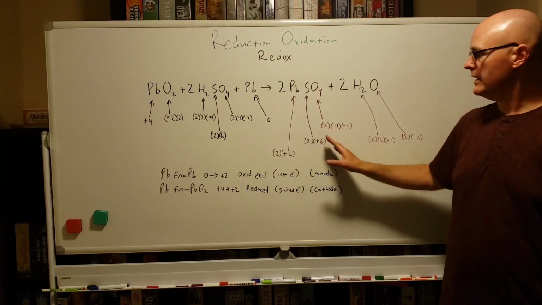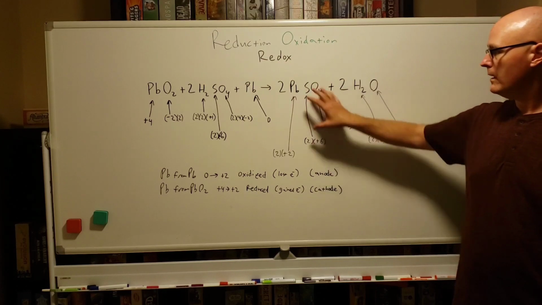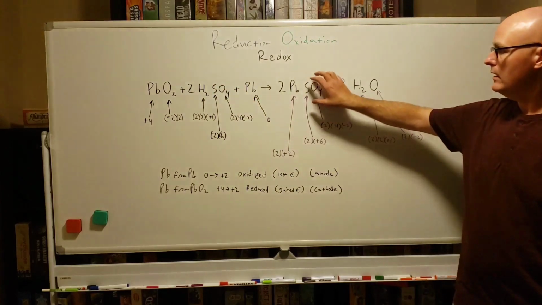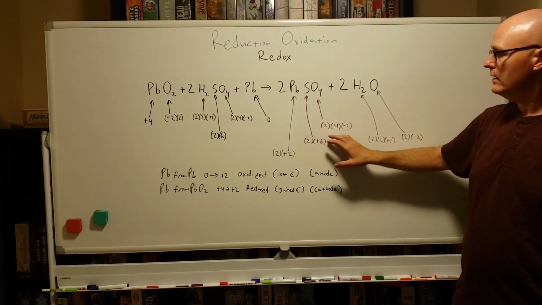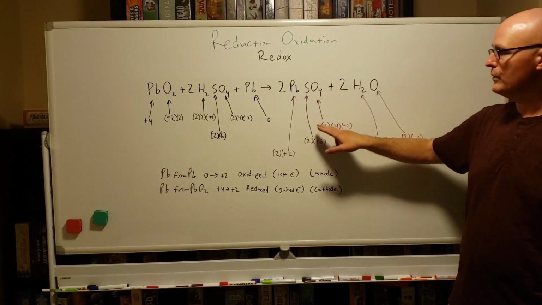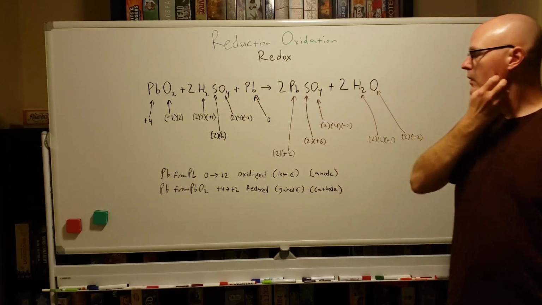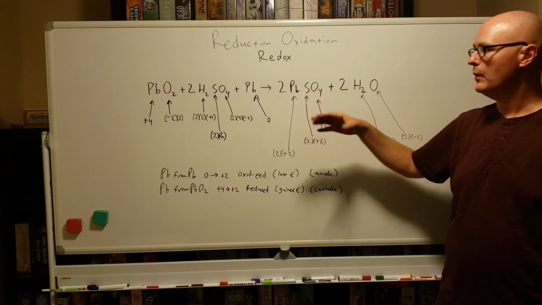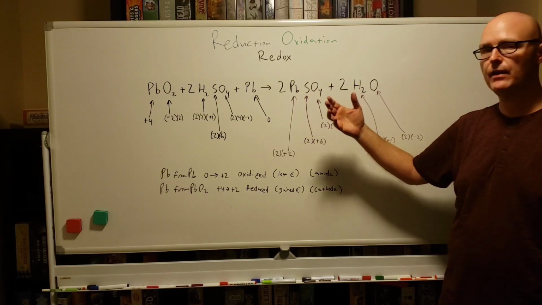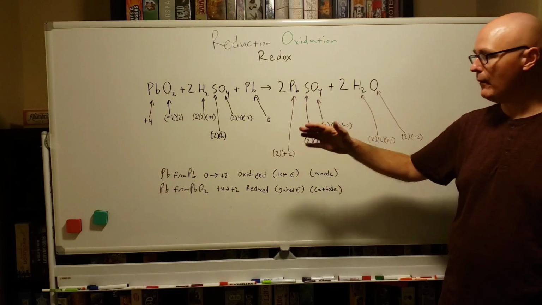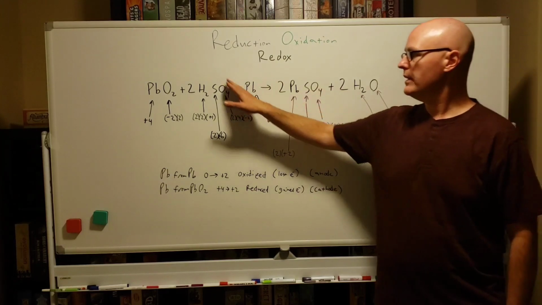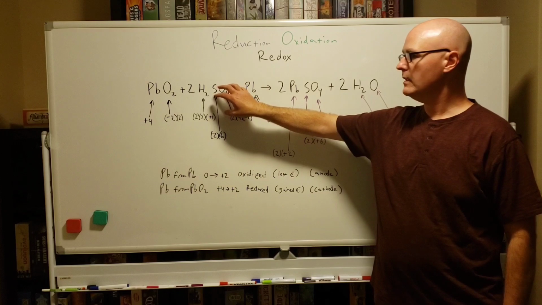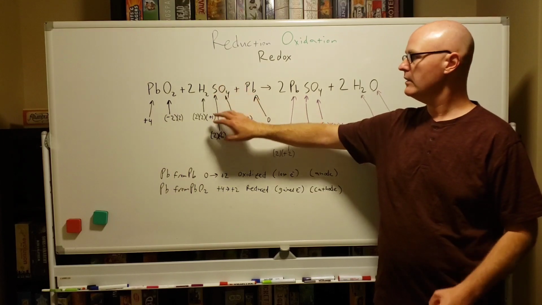My sulfate didn't change. This is the same as it was over here. None of the rules changed. Okay, so we have a situation where we have lead and we have sulfur. Both of those have rules that depend on other rules. However, this sulfate is a molecule in and of itself.